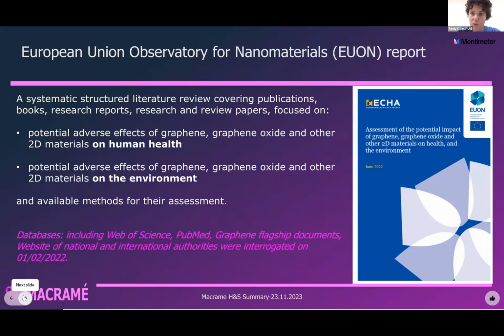If you don't know this document, I really suggest going through it, because it reviews all the publications that have been published in the last 20 years on the subject.